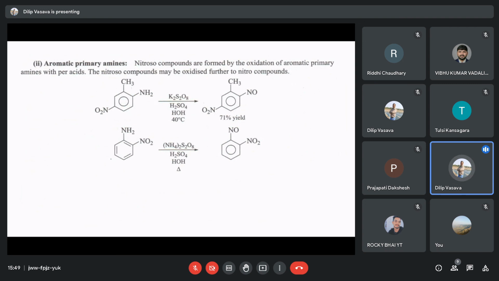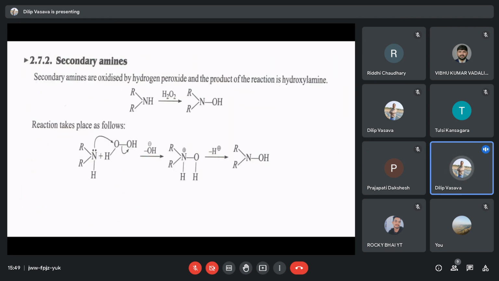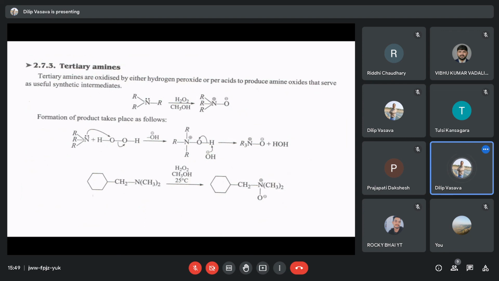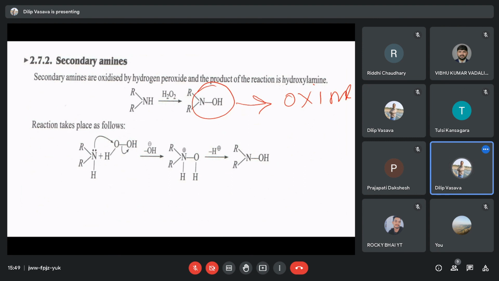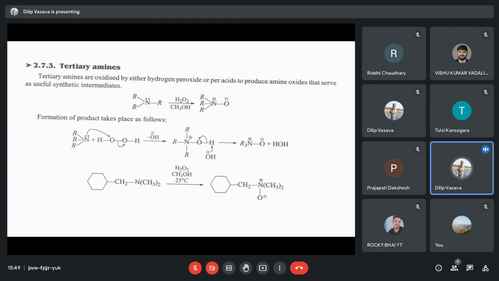So it is the primary amine, NH2, the secondary amine gives the hydroxylamine, and finally it is oxidized into the oxime. Tertiary amine does not give any oxidized product with peracids, but it gives one in the presence of H2O2: tertiary amine, where N-oxides are obtained.